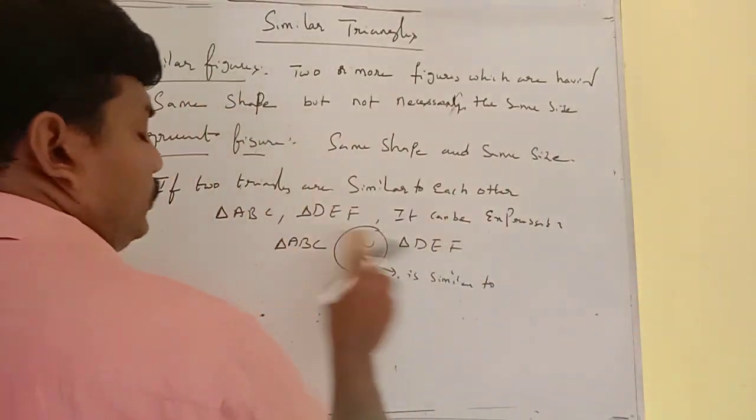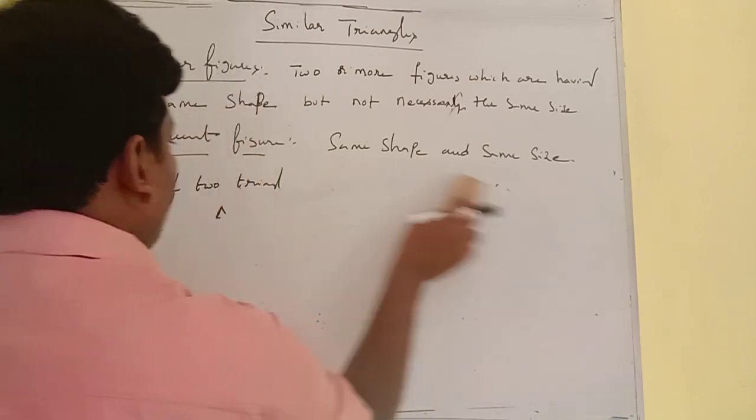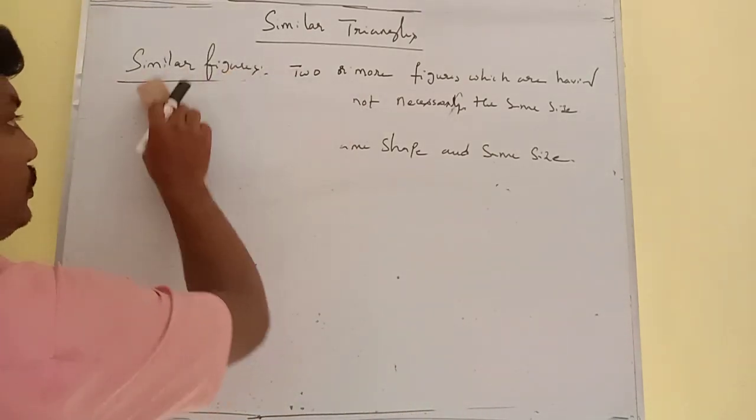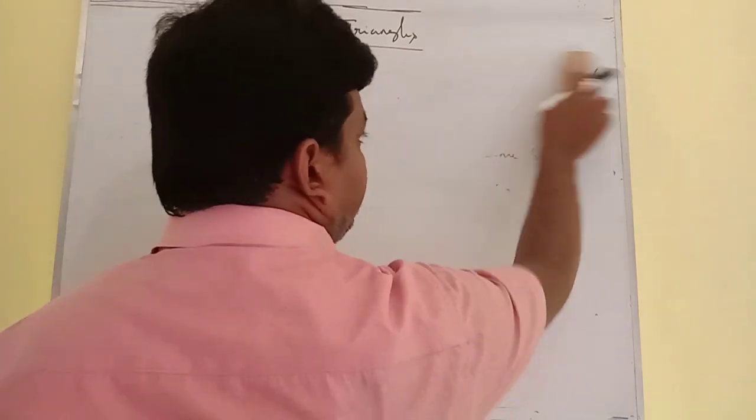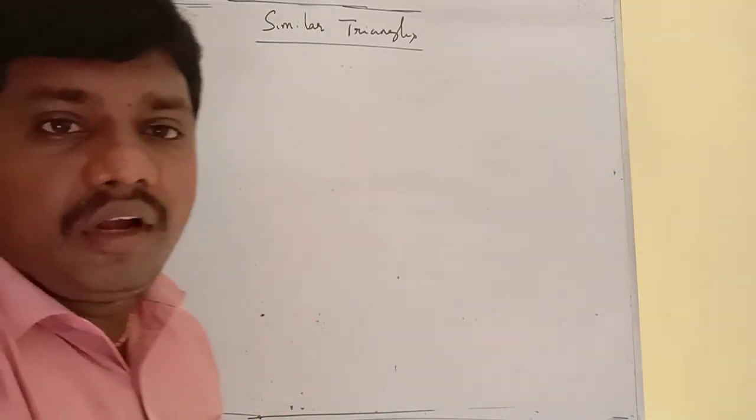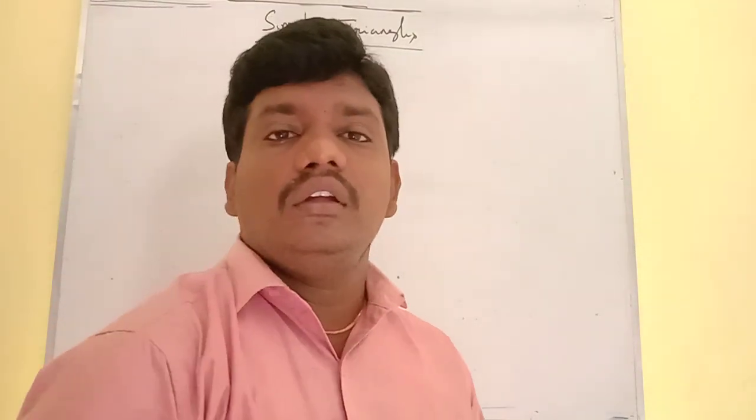Next, when two triangles are similar, what are the conditions we can see? If two triangles are similar, then their corresponding angles are equal and corresponding sides are proportional.